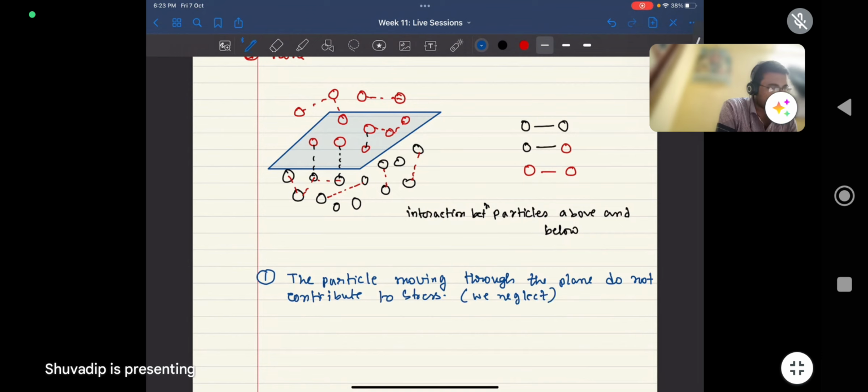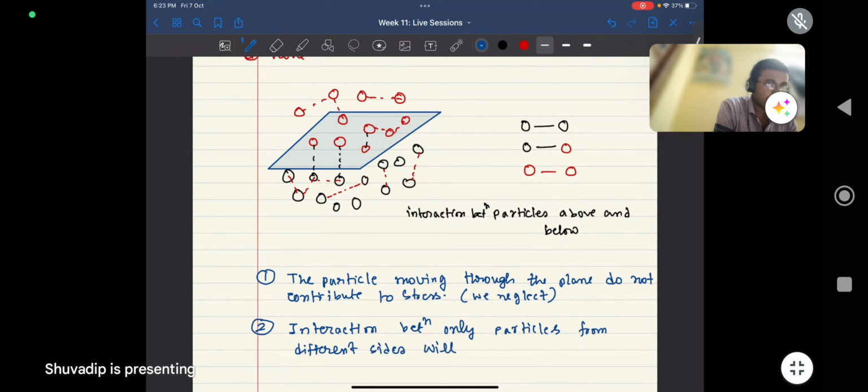And the second assumption is that interaction between only particles from different sides will contribute to stress.